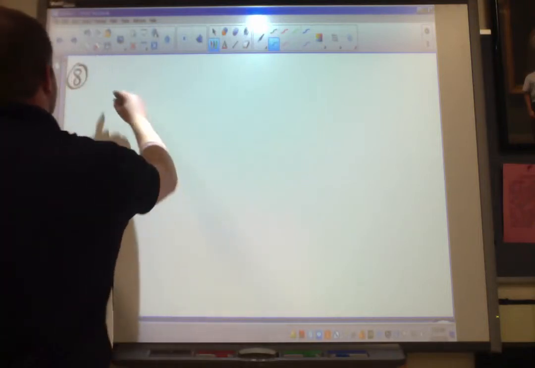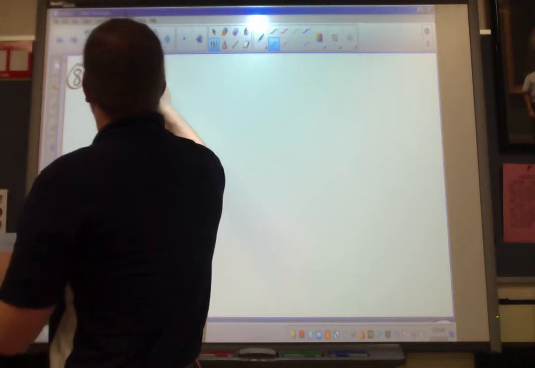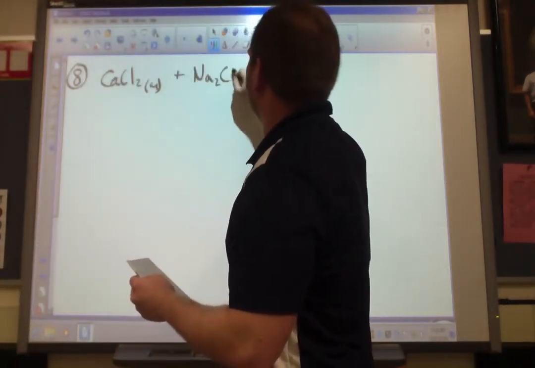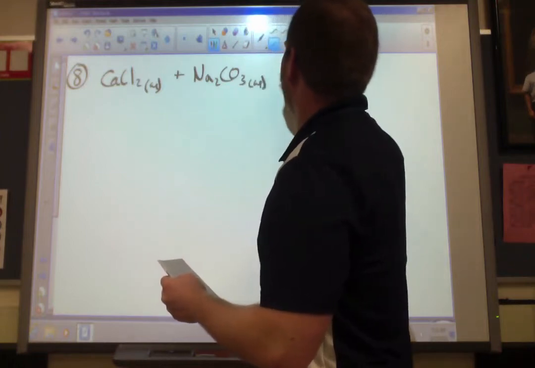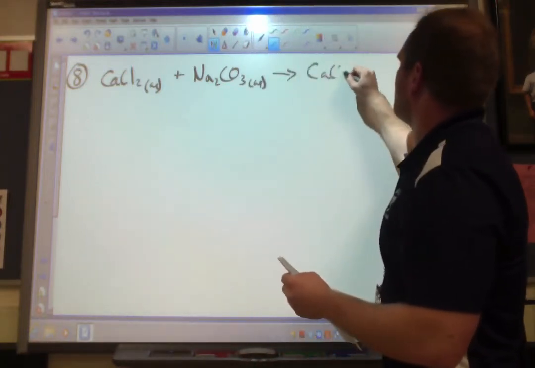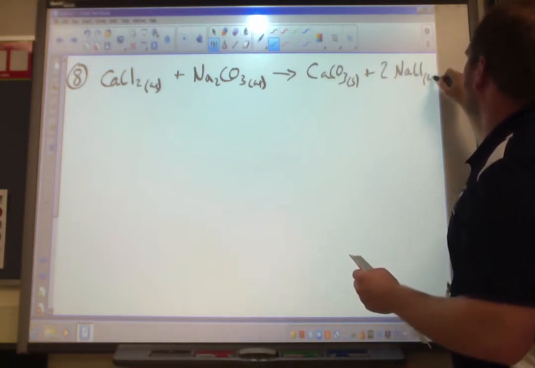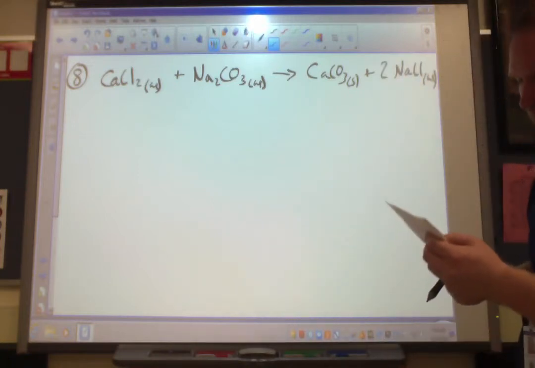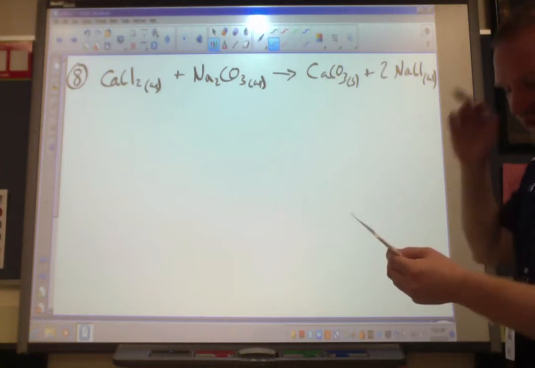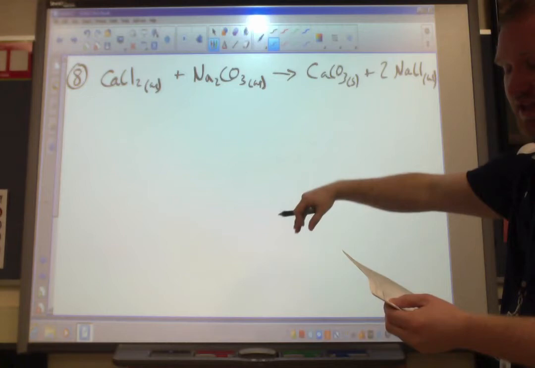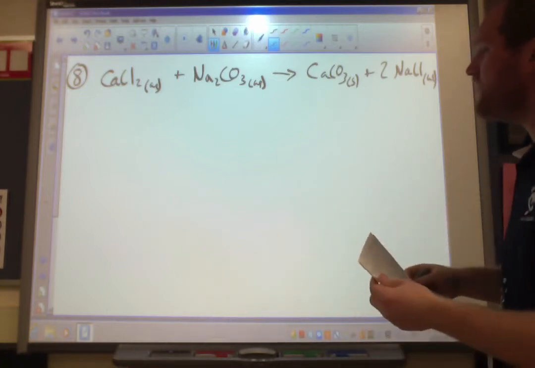So let's start with our balanced equation. CaCl2 aqueous plus Na2CO3 aqueous yields CaCO3 solid plus 2NaCl aqueous. Well, in this problem, we have to find how many moles, because letter A says complete the BCE table.